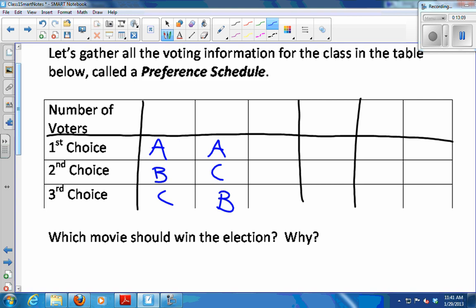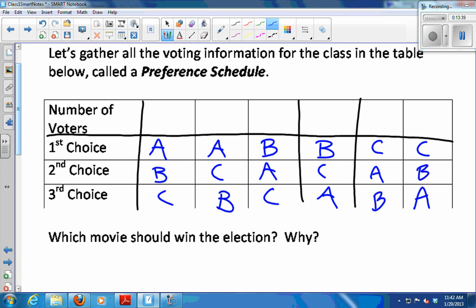Now, if you want to put B in first place, there are only two ways to finish filling out your ballot: AC or CA. And if you have C in first place, there's only two ways to finish filling out your ballot: AB or BA. So those are all the possible ways you could vote. There's only 6 ways when you have 3 choices.